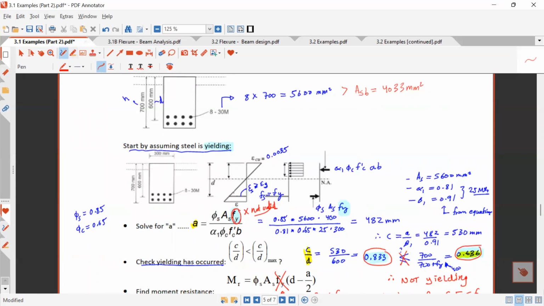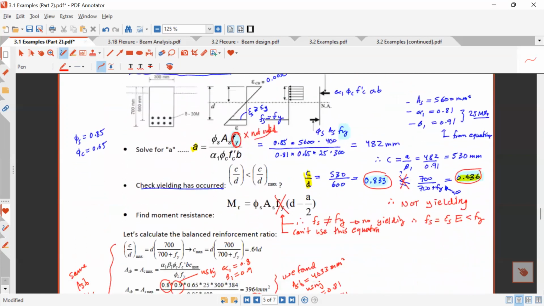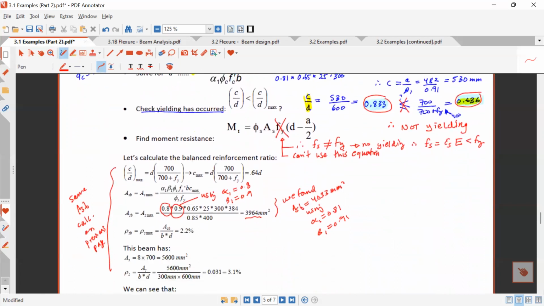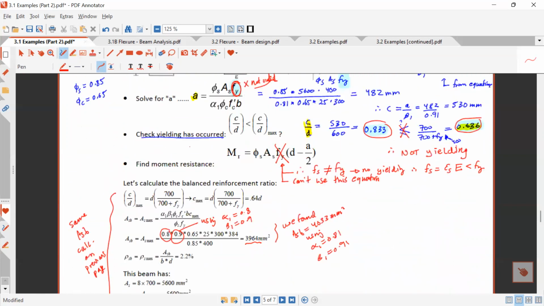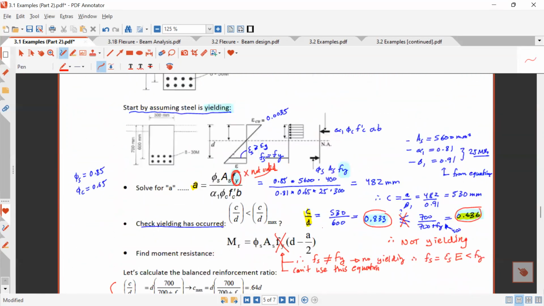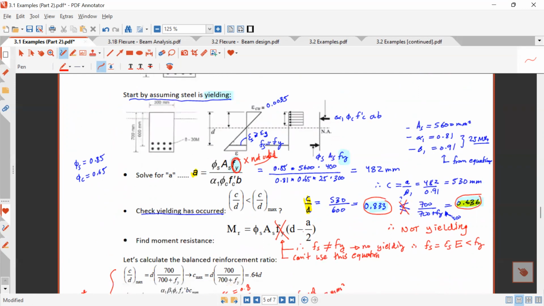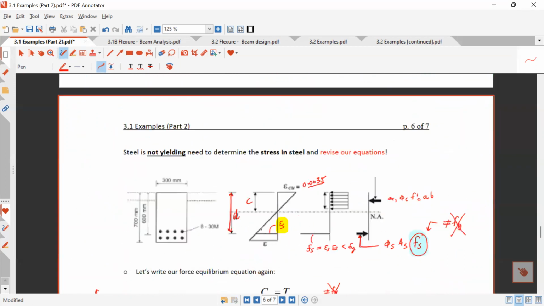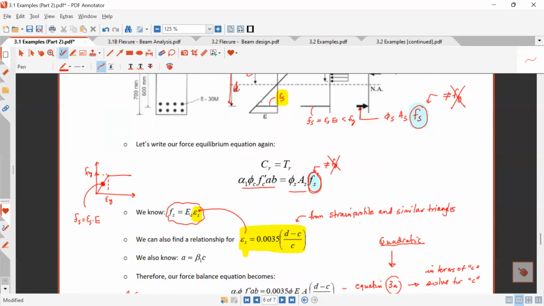Here, we don't have yielding anymore, so this calculation that we did for A is no longer valid. Same thing when we do the moment resistance check, it's no longer Fy because we're not yielding. We went through that last class. We figured out it was over-reinforced. We found C/D is 0.833, which was larger than our C/D max of 0.636. So we said we need to revise our equations.